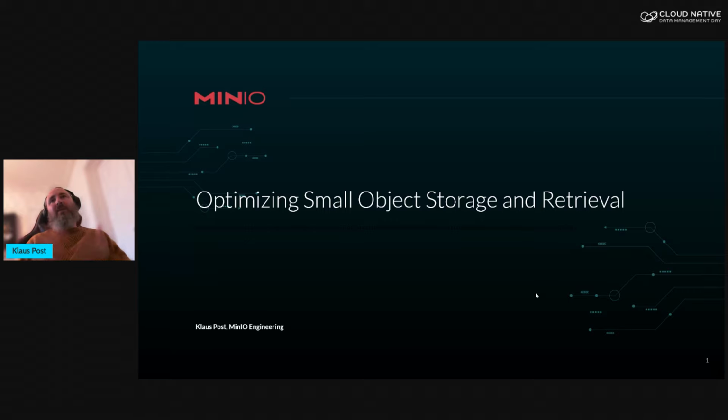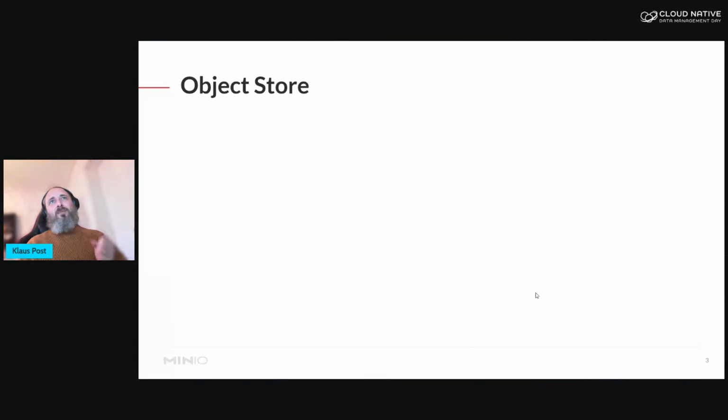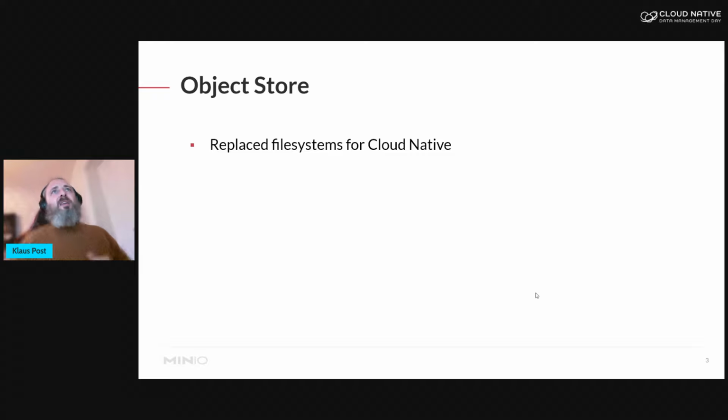So yeah, I would like to talk about how to optimize small object storage, and how to deal with the problems that typically arise from that. I work at MinIO. Let's start by looking at what object stores are in general.